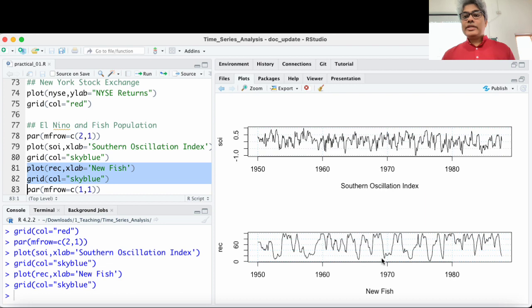In Southern Oscillation Index, because of the rising temperature, is the ocean diversity, fish population diversity increasing, or is it really decreasing, and only one species or two species kind of dominating the entire ocean?